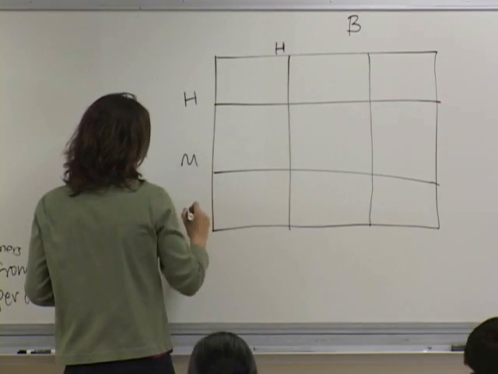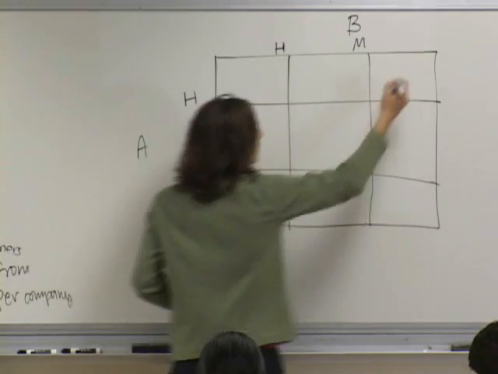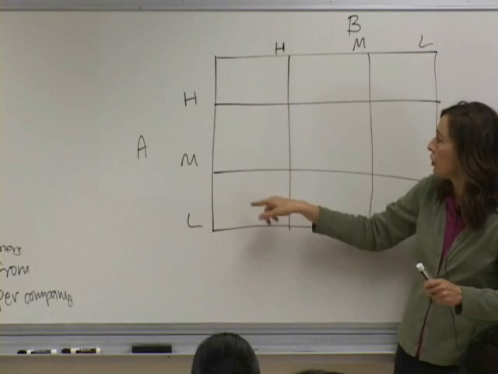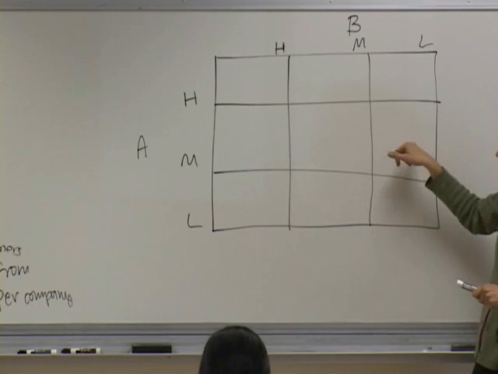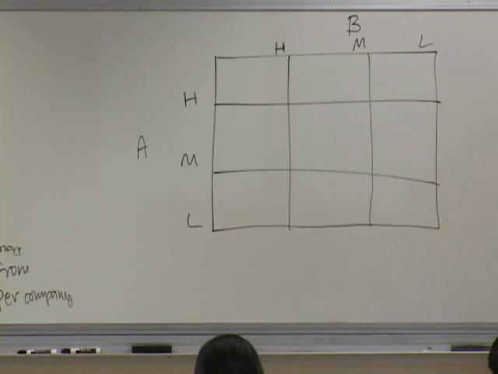We can both choose medium. We can both choose low, and there can be any other combination. I choose medium, you choose high. I choose medium, you choose low. All the cells are pictured here. Okay. In this game, this is the game matrix.